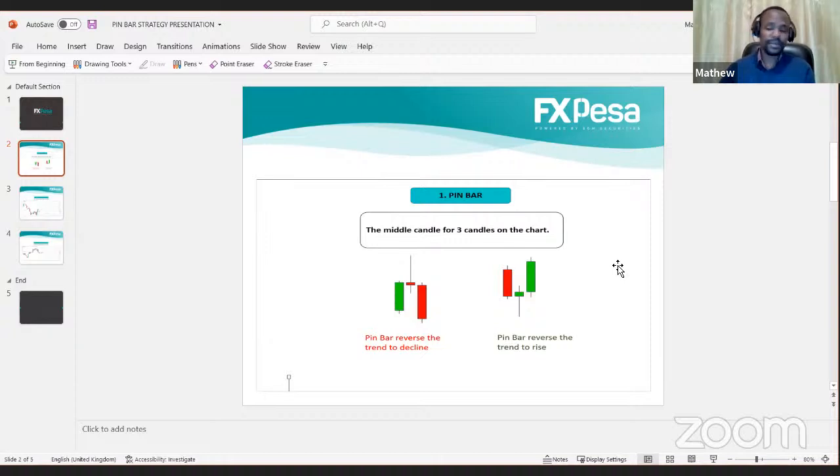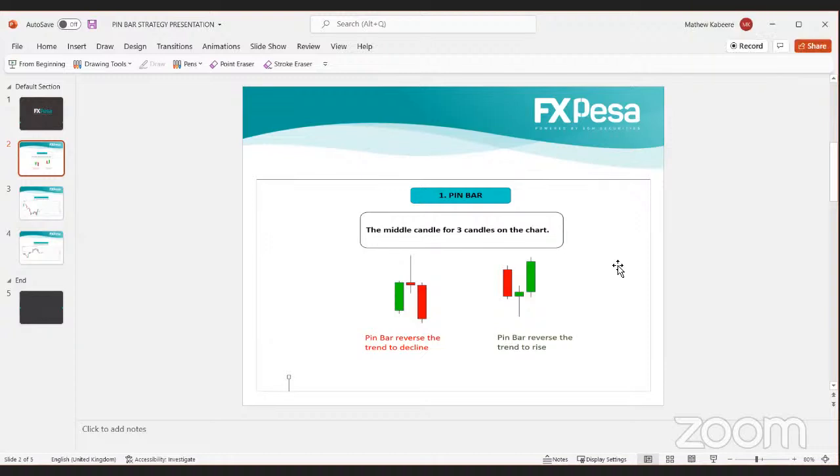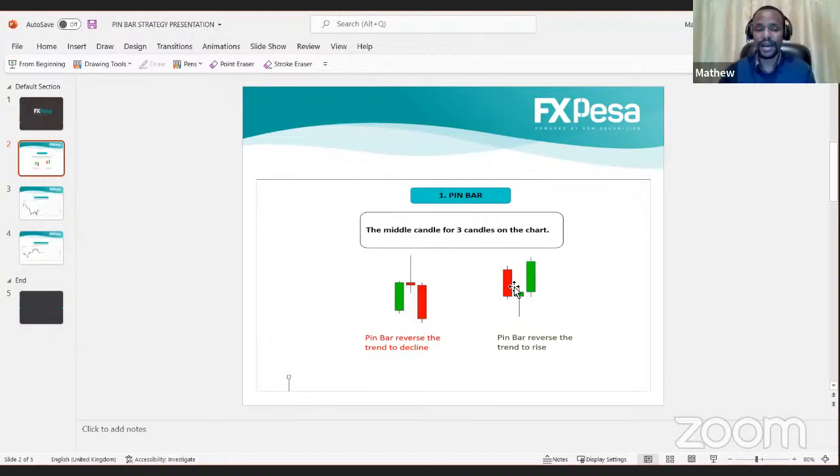So if you want these setups to work properly, you need to look at them at key levels, which means you won't be waiting to see a Pinbar only. You need to also check whether that Pinbar is forming along a significant level.